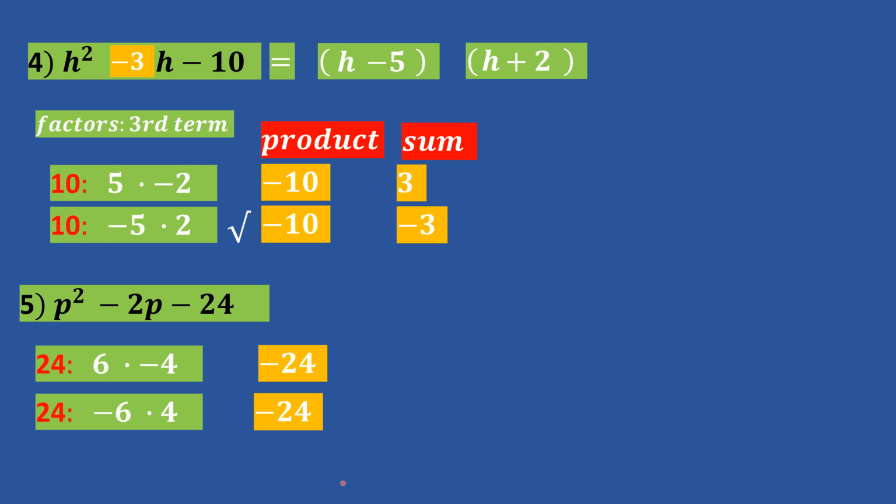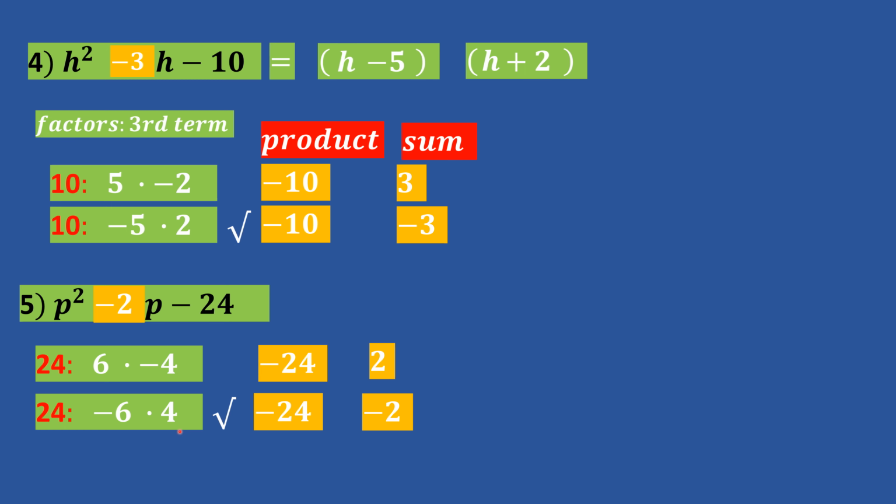And then getting their sum, 6 plus negative 4 gives us a positive 2, and negative 6 plus positive 4 gives us negative 2. For our middle term, the numerical coefficient is negative 2.